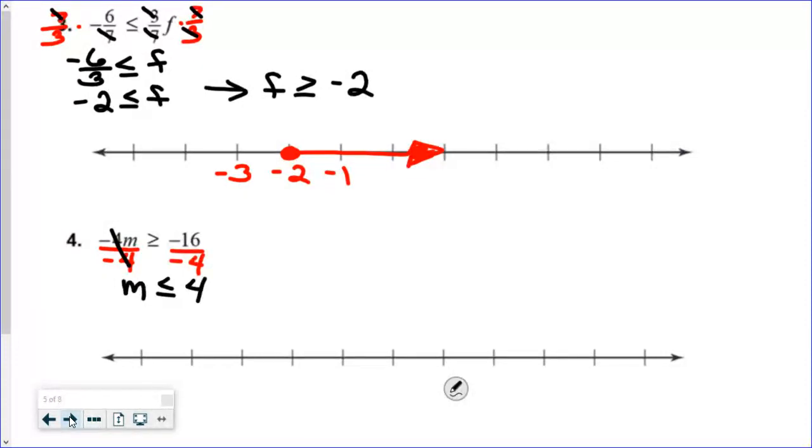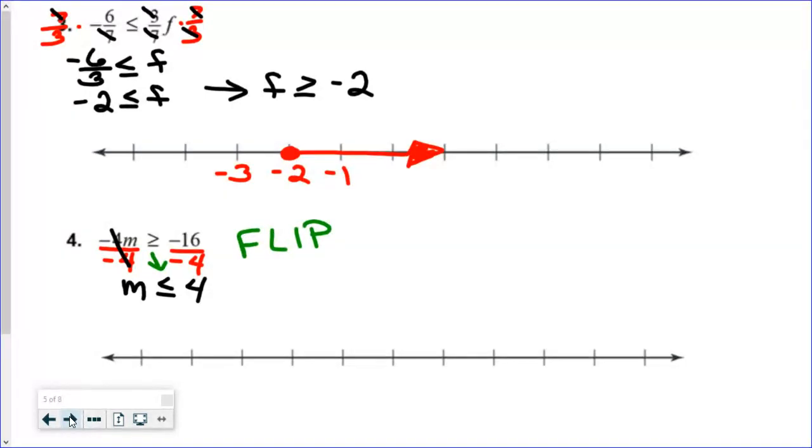Do you see? From here to here, we had a flip because I divided by -4. So this was a flip one. Did you flip?